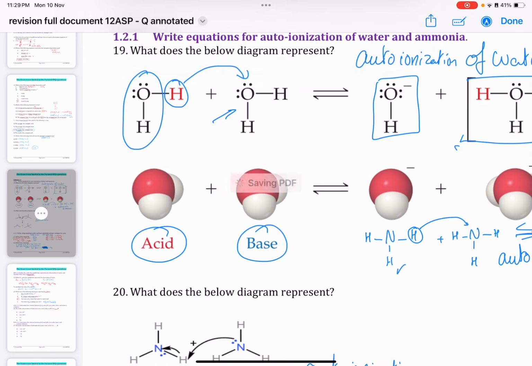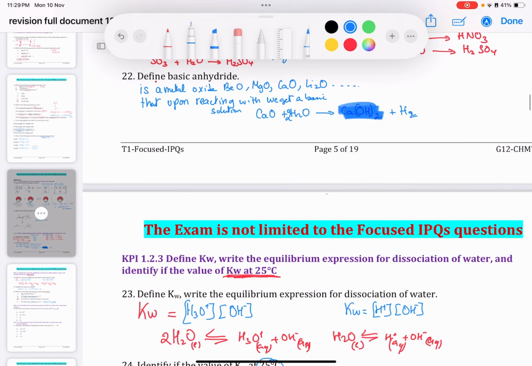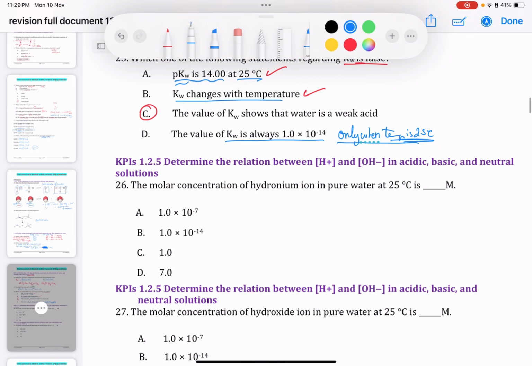So that's a weak acid along with a weak base. So I think here we spotted a mistake. C is the one that is wrong and not D. But D, the sentence is missing. They must mention at 25 degrees Celsius.